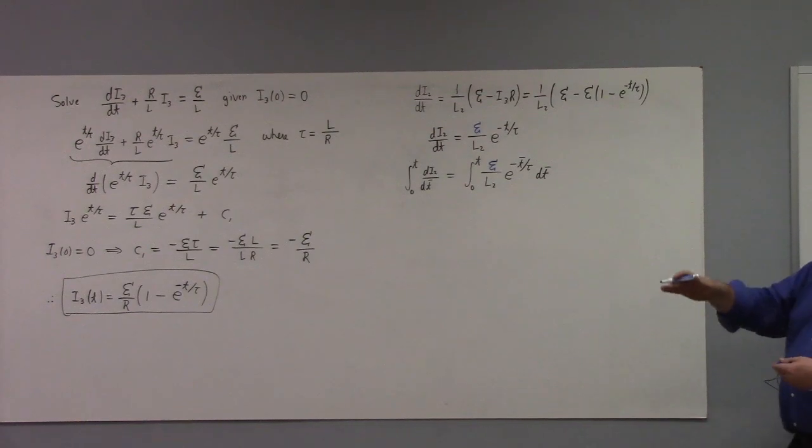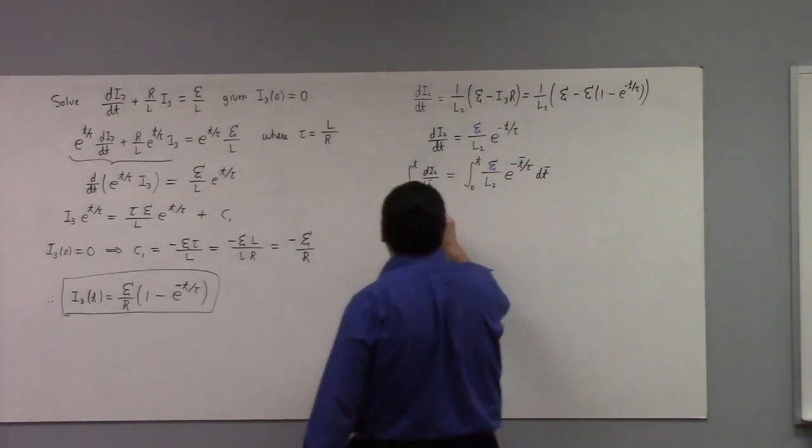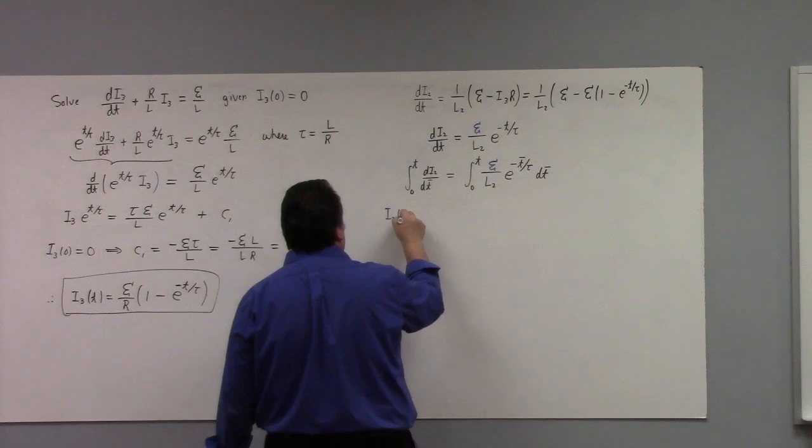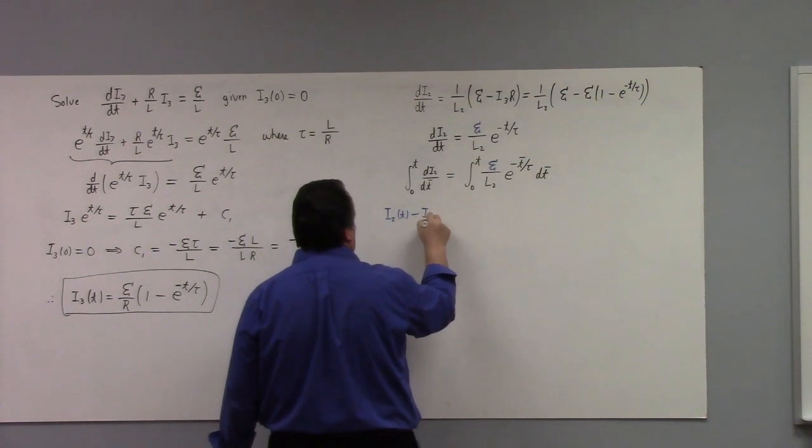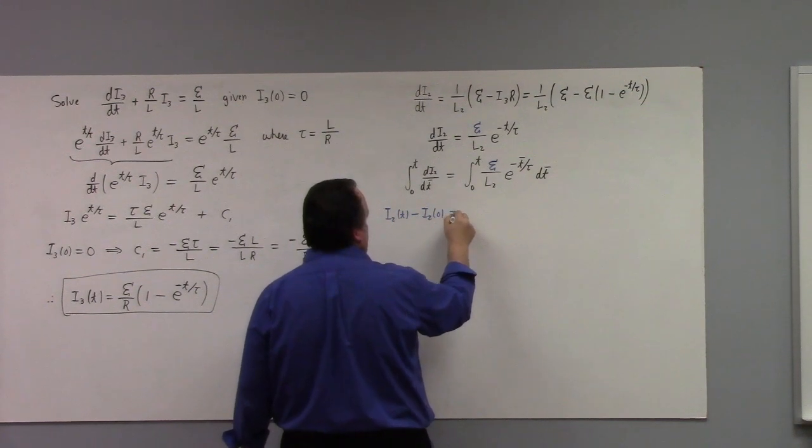So on the right-hand side, we have I2 of t minus I2 of 0 on the left-hand side.